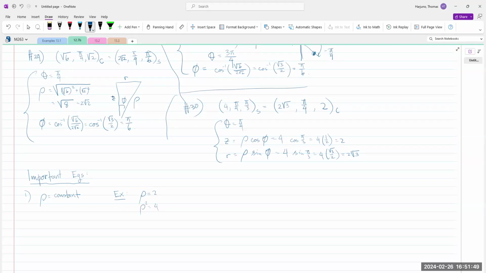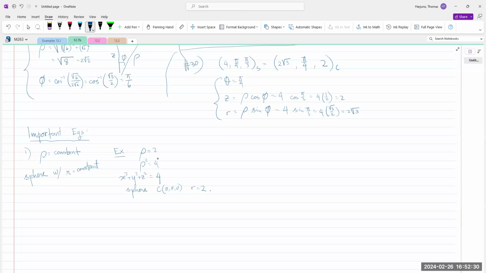But rho is the square root of x squared plus y squared plus z squared. This gives us a sphere with radius that constant. In this example, this is a sphere centered at the origin with radius 2.